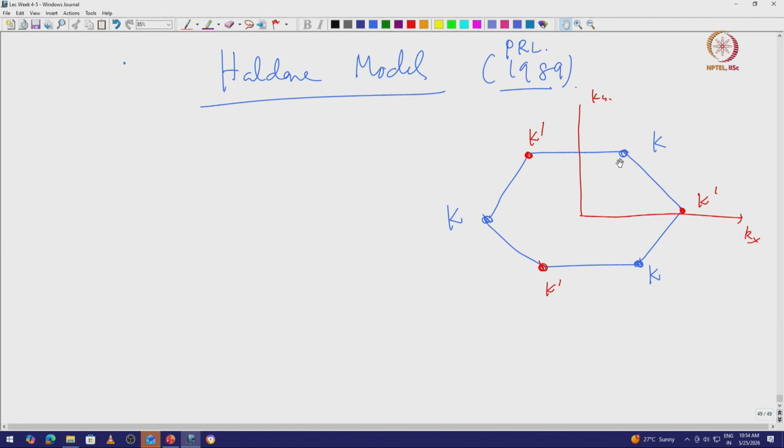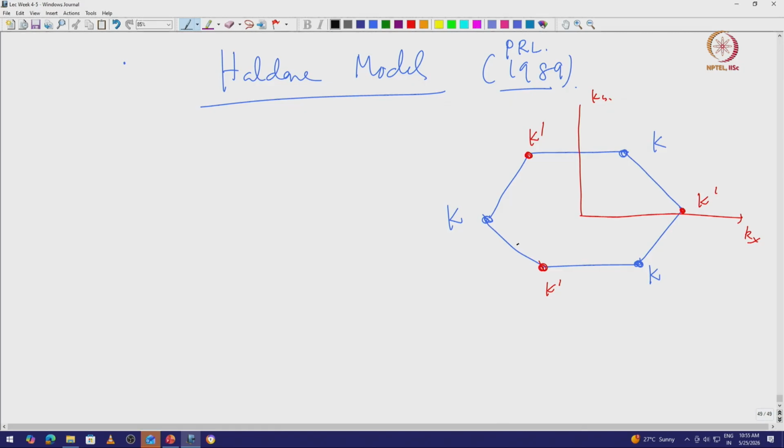Now that reminds us of what we have studied in the Rice-Mele model. We had 2 Dirac cones at the gamma point and at the M point in a square lattice, and we needed a D3 term that will change sign between them. So here also we need to engineer a D3 term that will change sign between the K and K prime points.